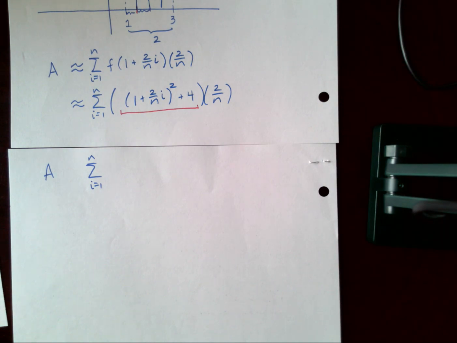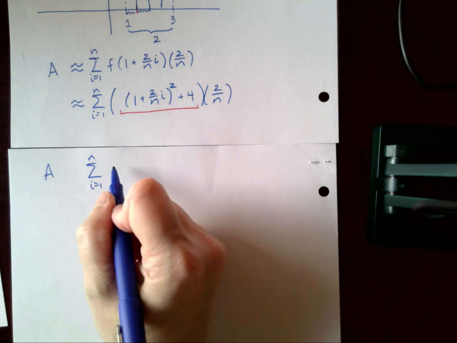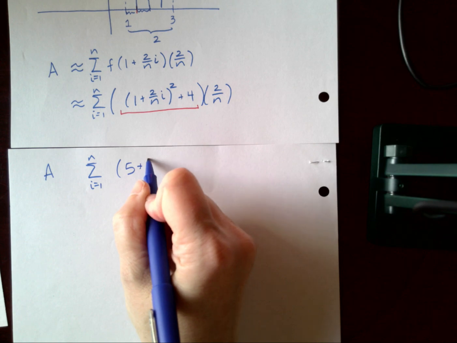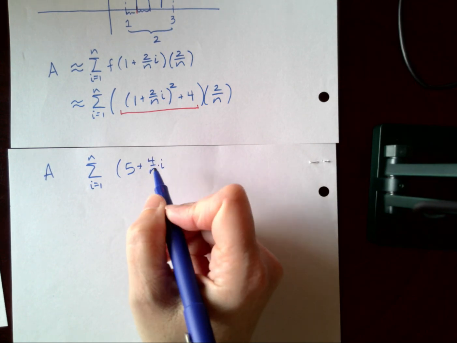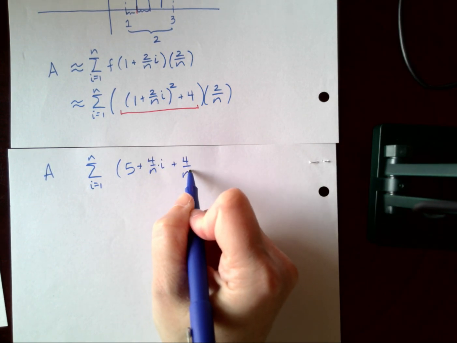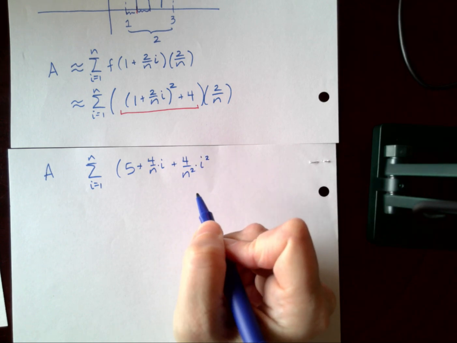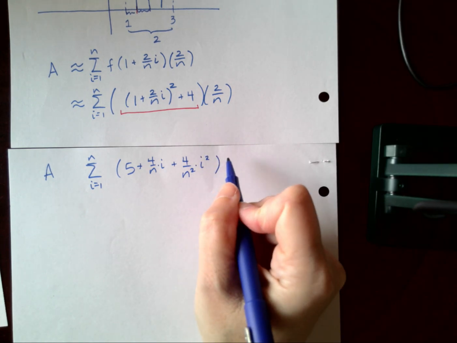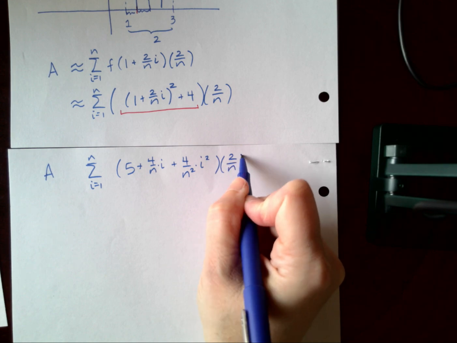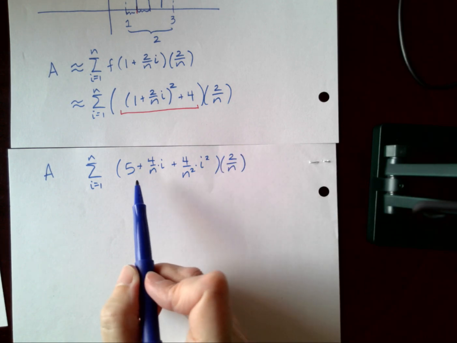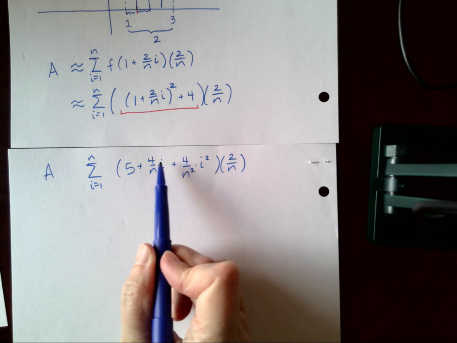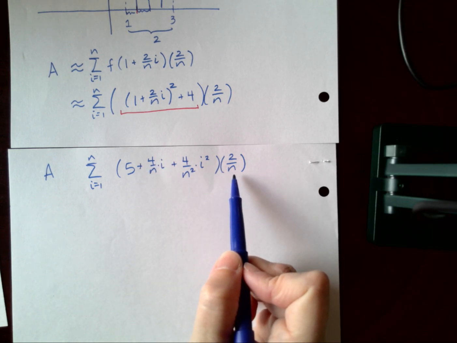We have things that we need to copy down. We had that 5 plus 4 over n times i plus 4 over n squared times i squared. That was that chunk. And we still have this 2 over n. These are expressions for our height times our width.